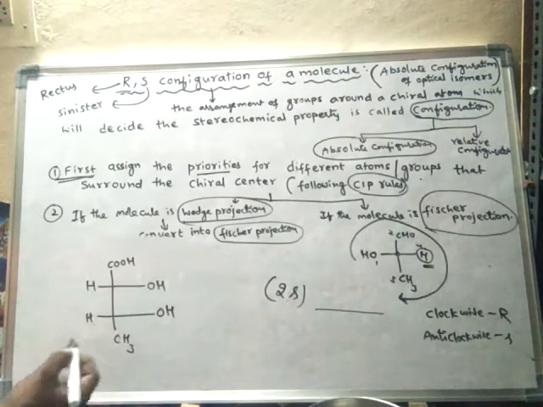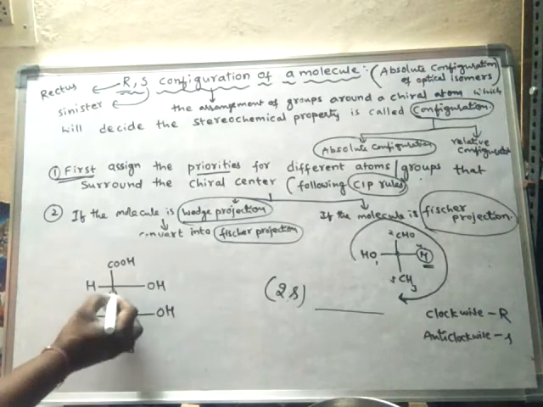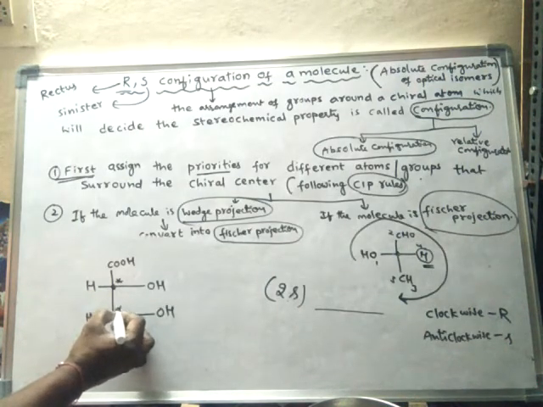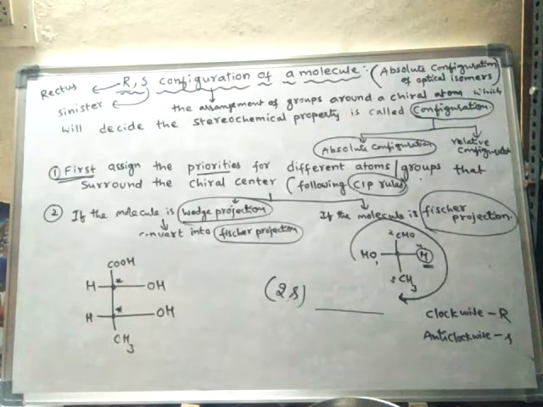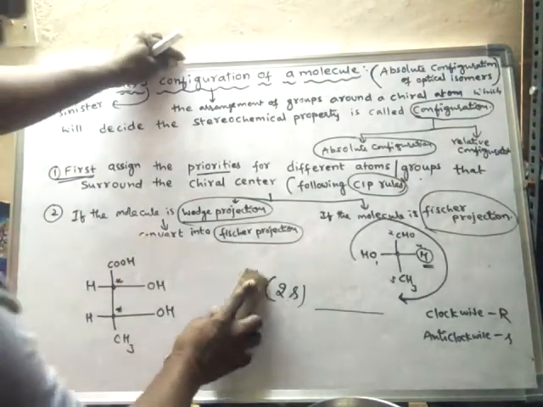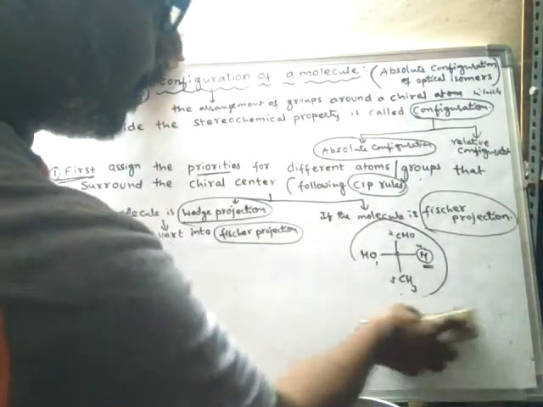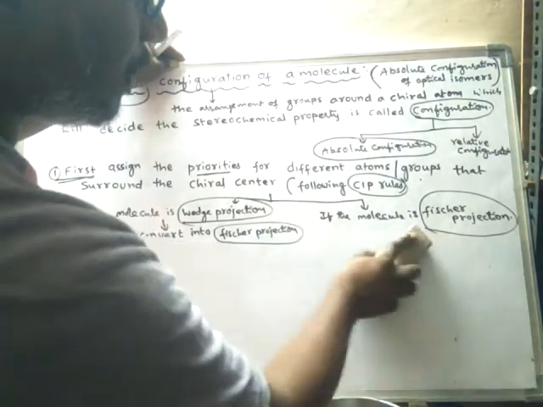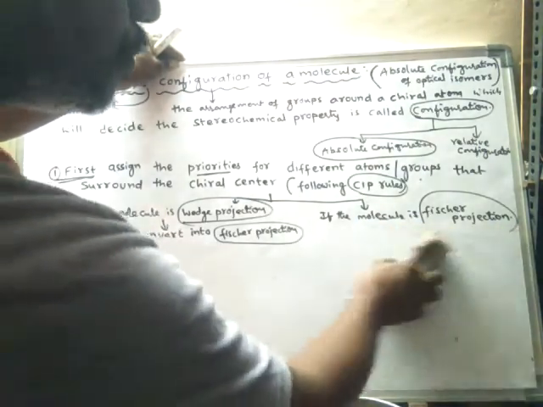Here, this is a chiral center, and this is also a chiral center. Generally a chiral center is designated with a star mark. We have to show the chiral centers by using star marks. Now there are two chiral centers, so every chiral center should have its own configuration, that means the arrangement of different groups.